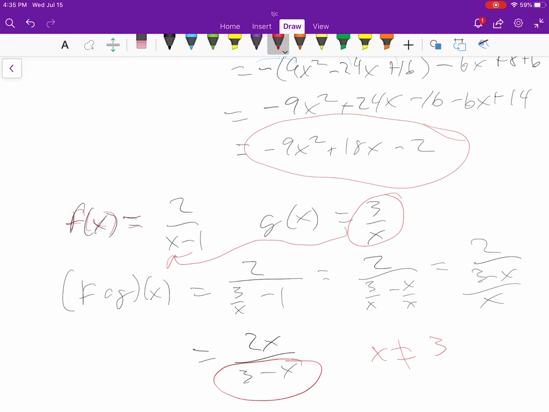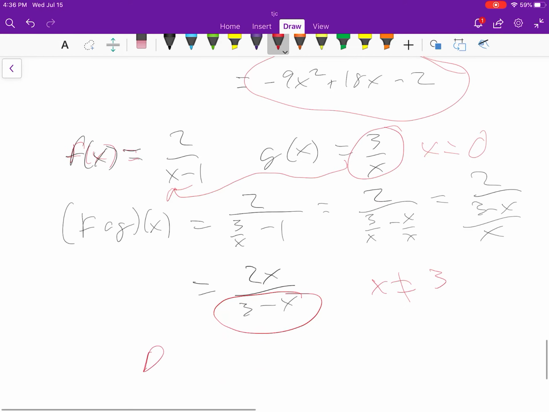But because it's a composite function, we have to also look at restrictions on your g. Since you're plugging the g into the f, g has its own restrictions, and g, 3 over x here, x cannot equal 0. So you're going to use the restriction on the g domain and the restriction on the overall f of g function to get your domain.